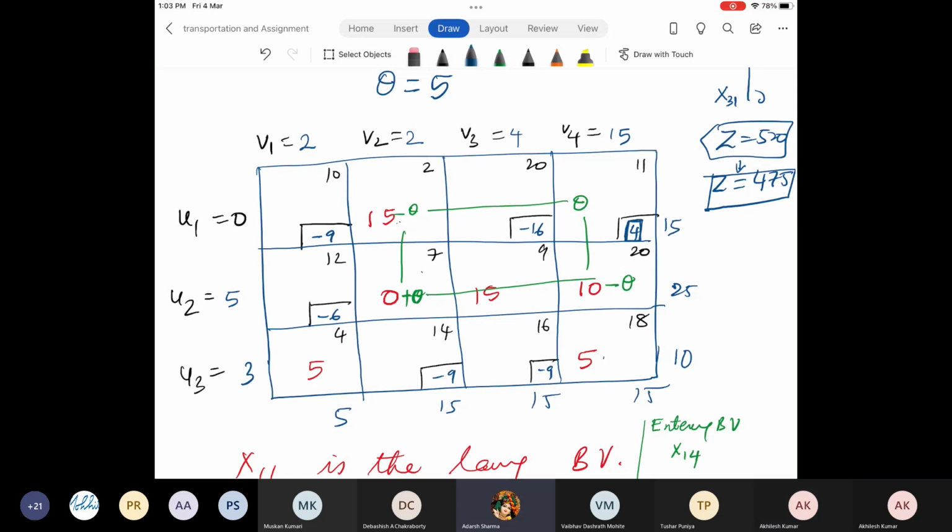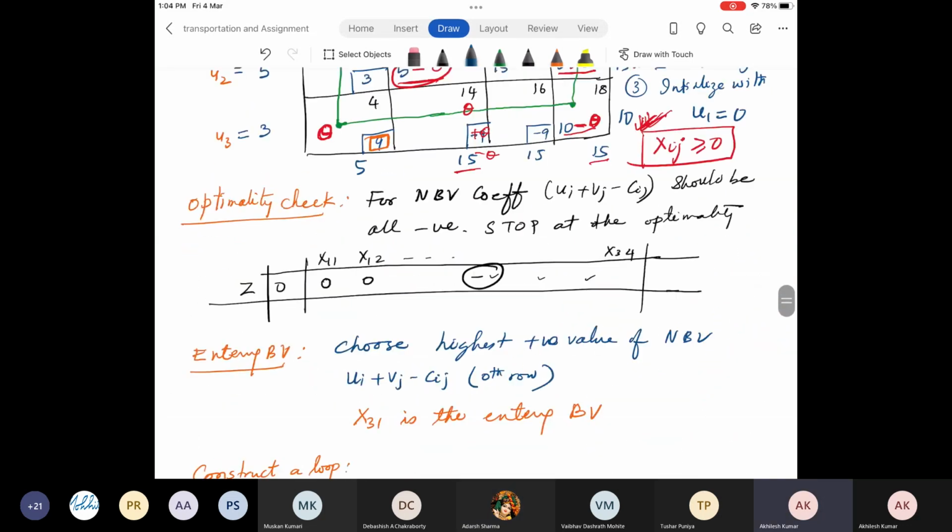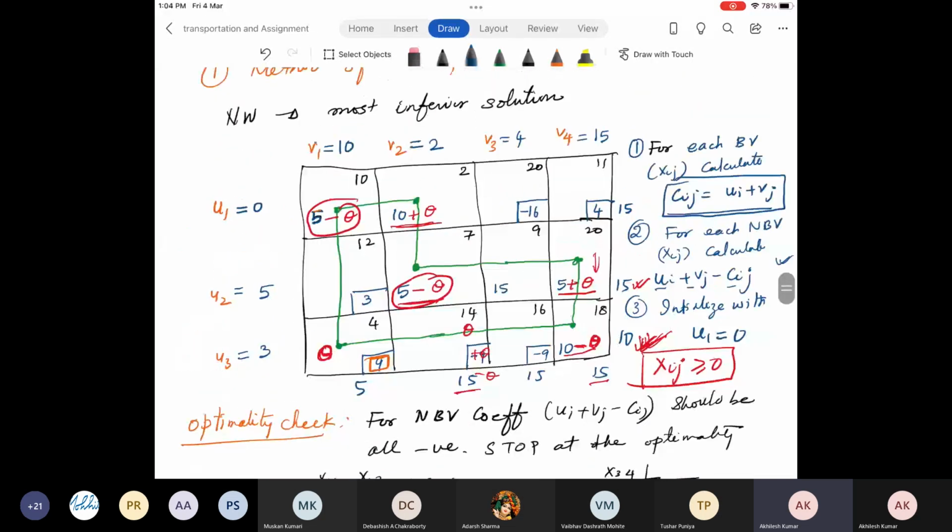Second column, second row. What has it become? So why don't we consider that as leaving? So we need to go up here. So 2 of them were becoming 0, right?